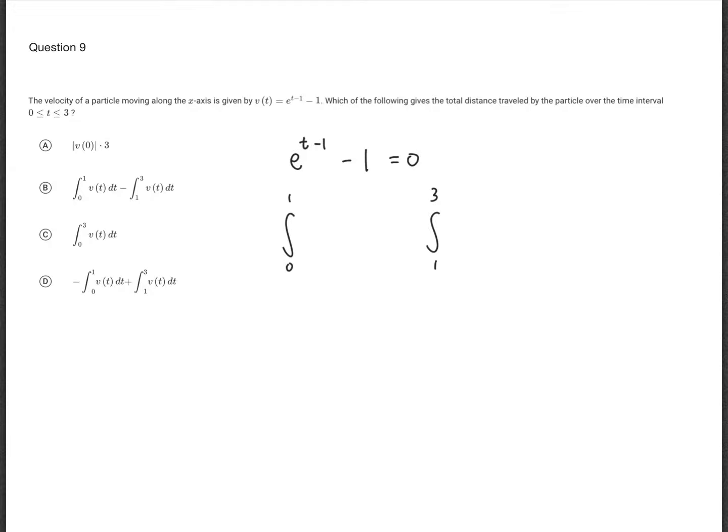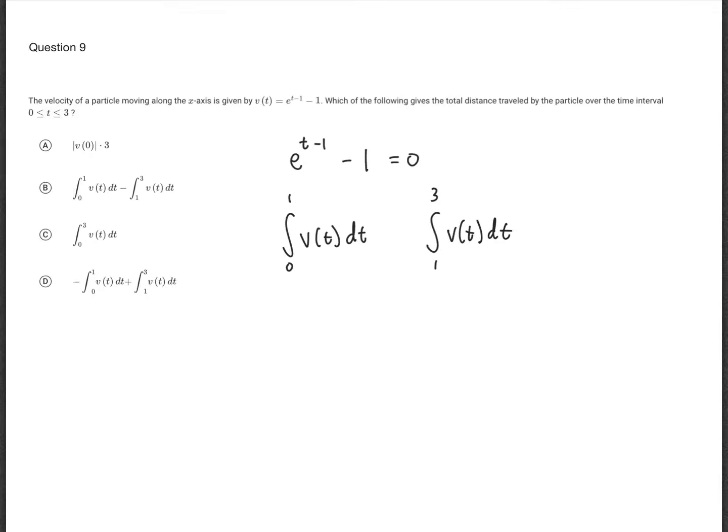Either way, we're going to be integrating this velocity function. But since this interval from 0 to 1 is an interval where this velocity is negative, if we integrate this, we'll get a negative position, which means it's gone to the left, but we don't want the negative part for total distance traveled.